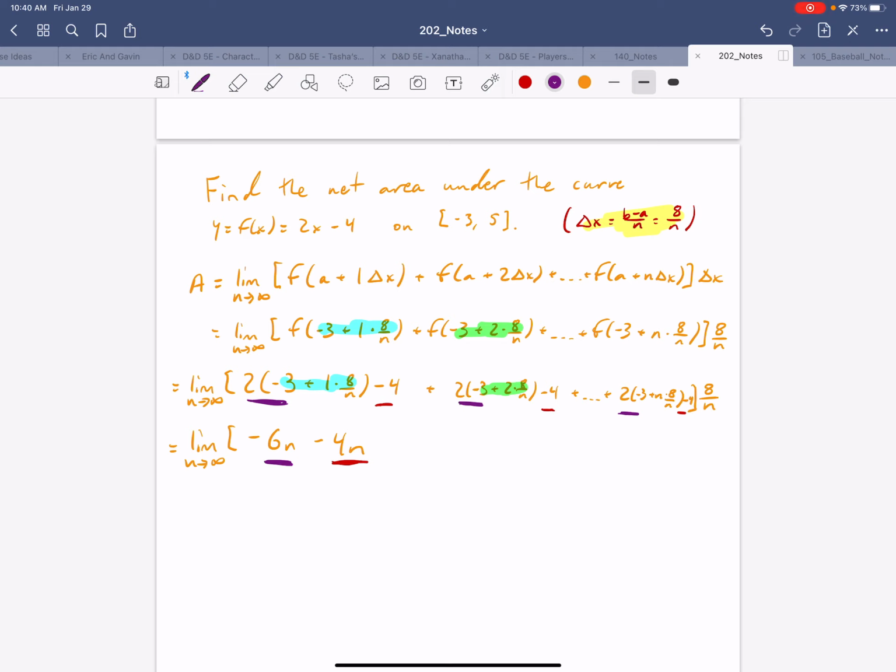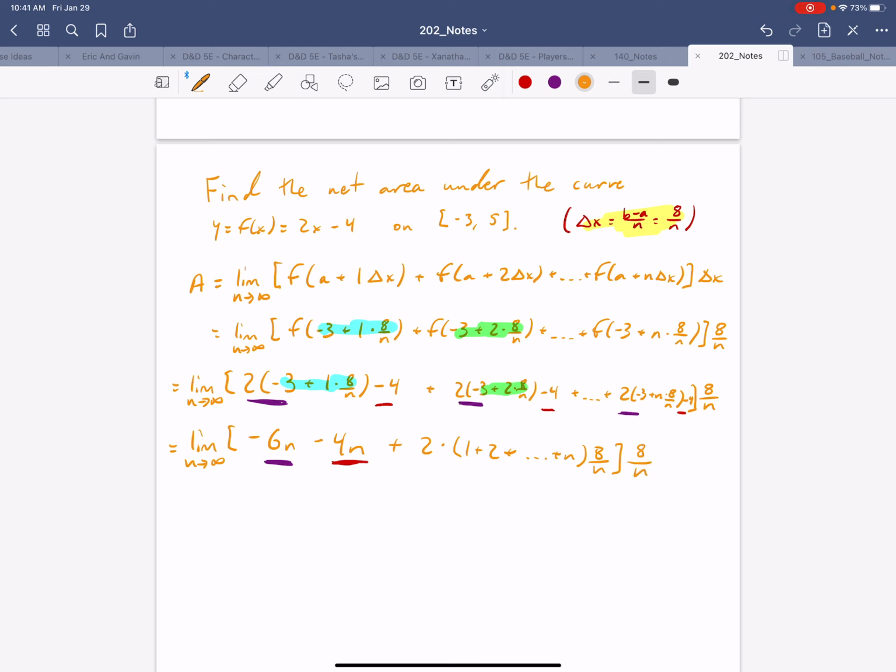So all that's left to do is keep it in orange, plus 2 times 1 plus 2 plus blah, blah, blah, plus n, times 8 over n. And all of this is being multiplied by 8 over n.